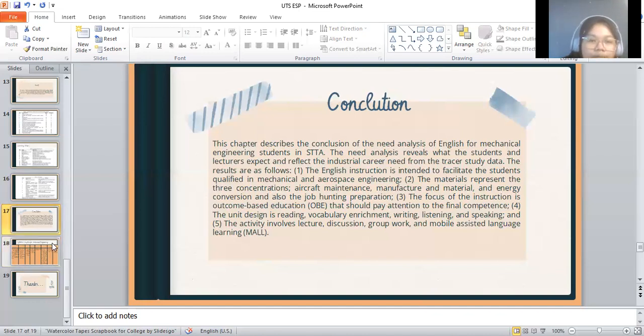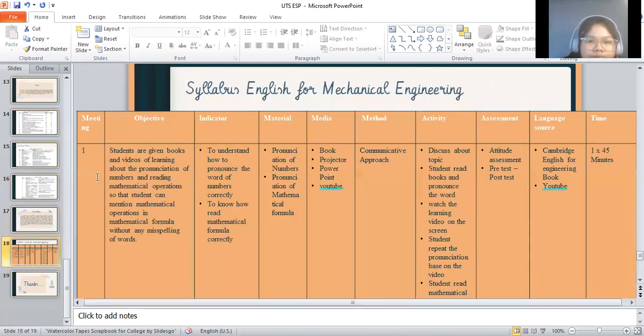Okay, after we read the journal article about English for mechanical engineering, I have made a syllabus for one meeting.